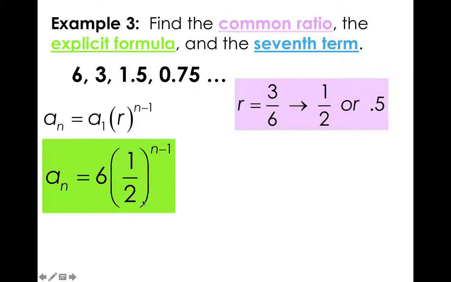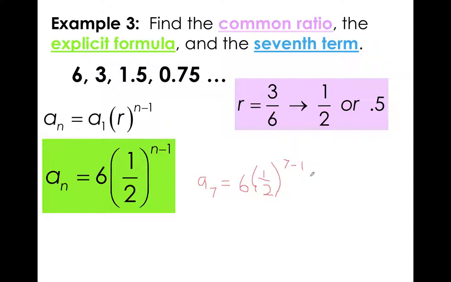But now the next part says they want us to find the 7th term. Right? And so when we're talking about finding the 7th term, what we're saying is we are actually going to take our a sub 7, because we're trying to find the term in the 7th spot. We're going to keep this 1/2 or 0.5, whichever way you want to write it. But now we're going to do the 7 minus 1 in the exponent.